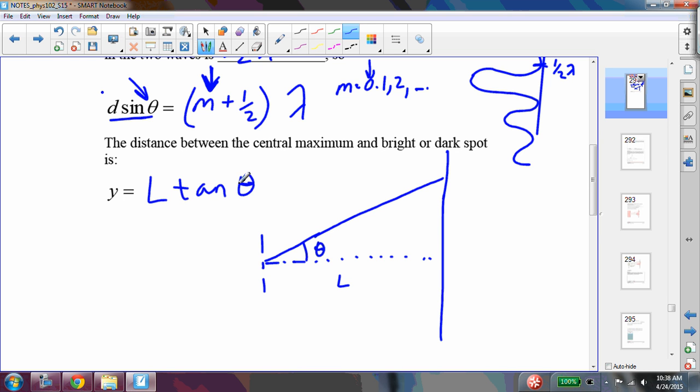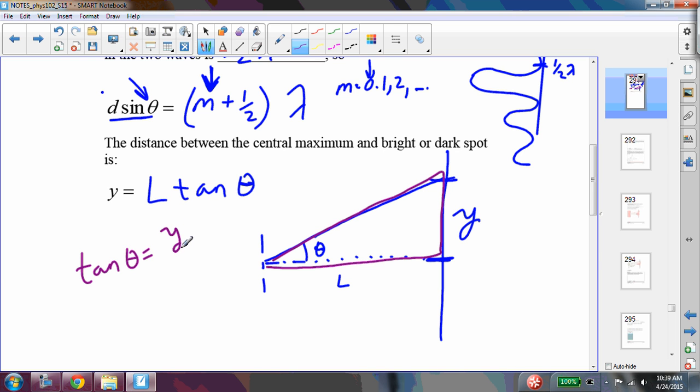What I want to know is the distance from the central maximum to whatever is up here, the first bright spot, the first dark spot, the third dark spot, whatever it may be. I'm going to call this y. Well, look, I have a nice little triangle here. There's my hypotenuse, there are the two legs. I know that tan of theta, let's see, SOHCAHTOA, right? It's opposite over adjacent.